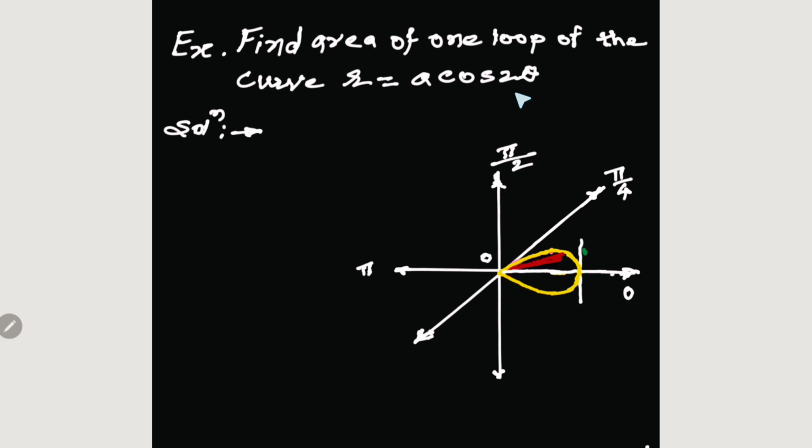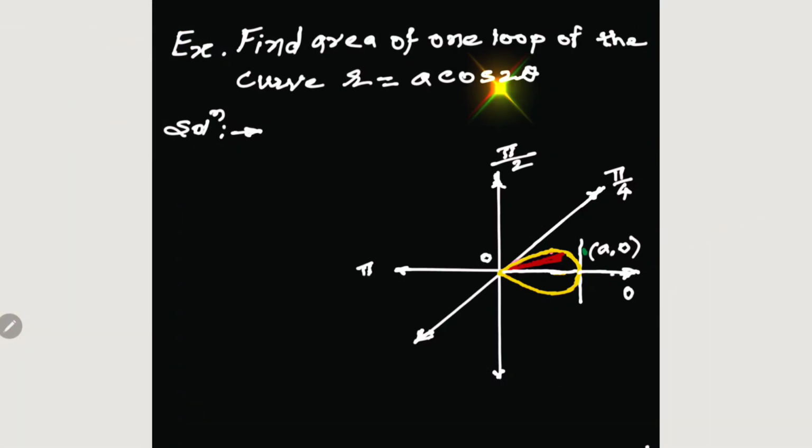Points on that curve: when theta is equal to 0, if we substitute cos 0 is 1 into a, we get r is equal to a. Therefore, this is a point on the curve whose coordinates are r equals a and theta 0 degree.